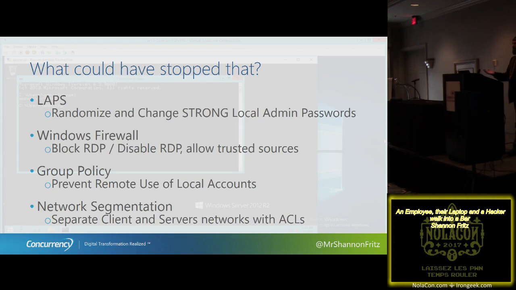And then you can only use that to get to the other machines just by configuring a group policy. We can also say that you cannot RDP with a local account, right? You can say this local account cannot be used remotely. So even if they did have the same password and they could RDP to the machine, it would say, nope, you're a local admin, not an Active Directory account, and you can't RDP to the machine. So there's a variety of things we can do just to stop that.